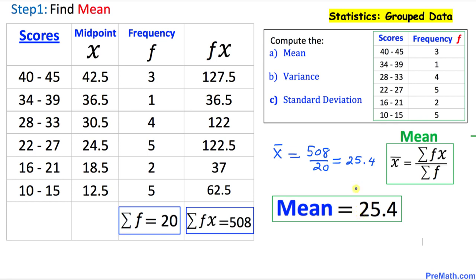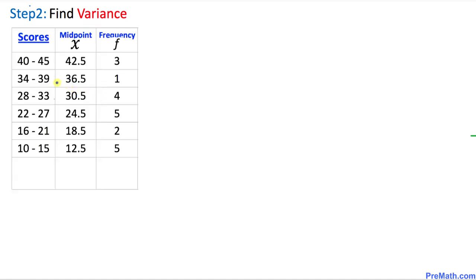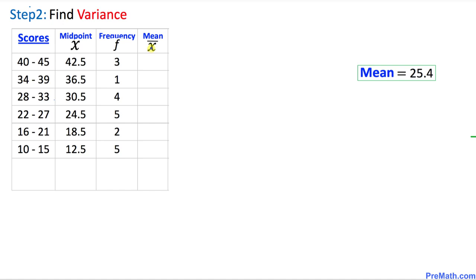Thus our mean turns out to be 25.4. And now in our step 2, we are going to calculate the variance. And from our previous steps, we know the score values, the midpoint x, and the frequencies, as you can see over here. And in our next column, this is for the mean, x bar. We're going to fill it in, and from the previous step, we figured out the mean equals 25.4.